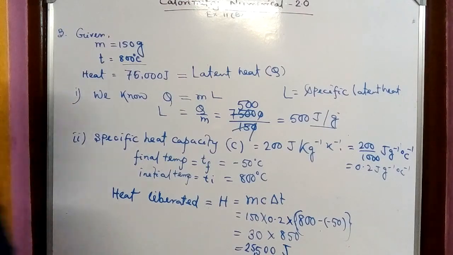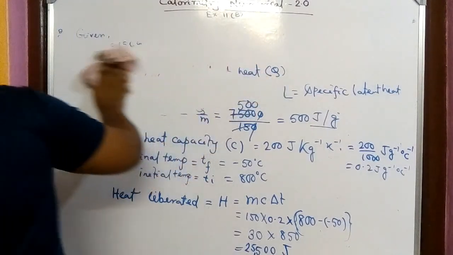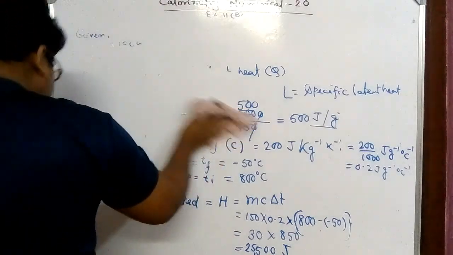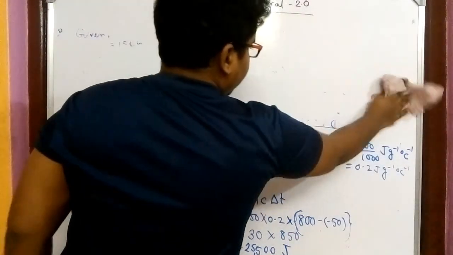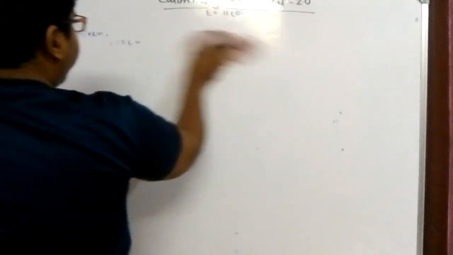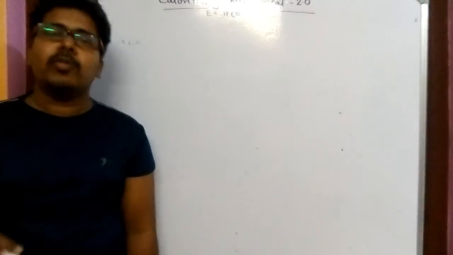Now we'll go for the next numerical. Okay, so for the next part we will choose numerical number 6. It's a very interesting numerical. Better I'm choosing that type of numerical which seems to be a little bit difficult.